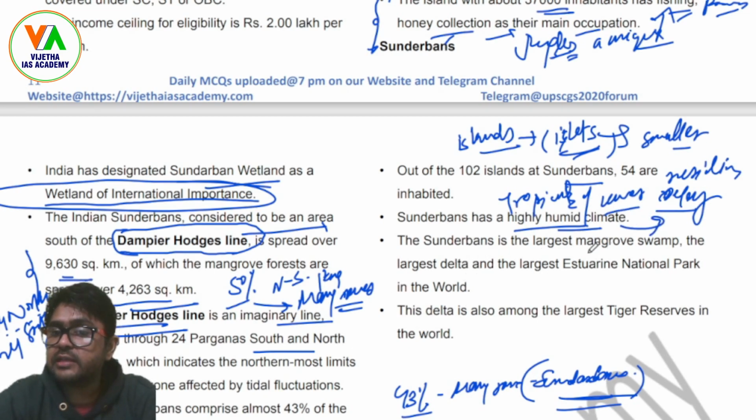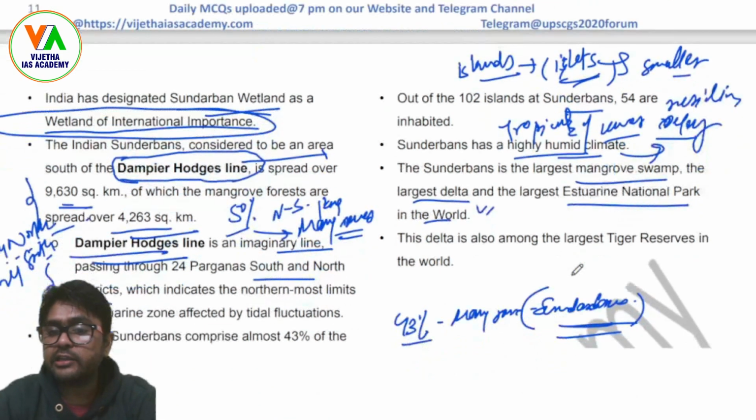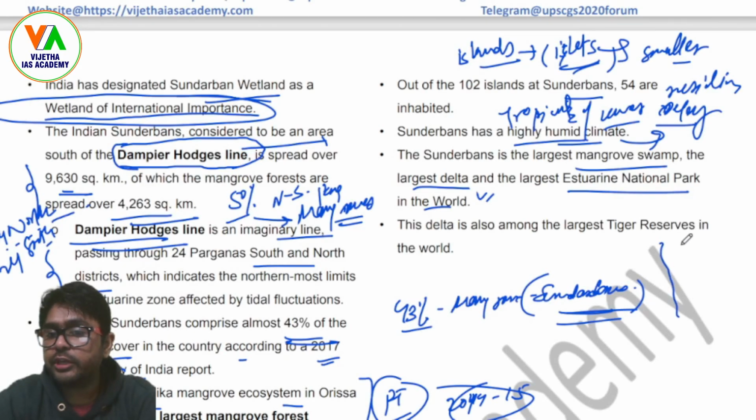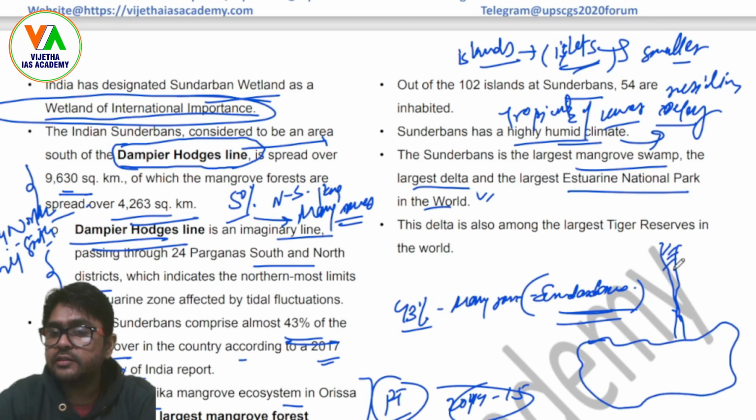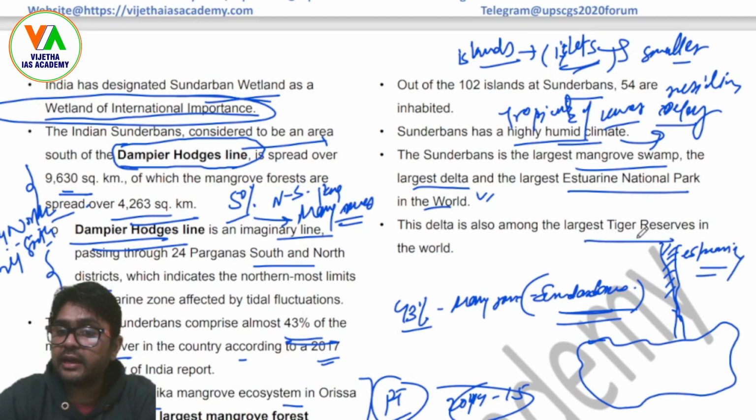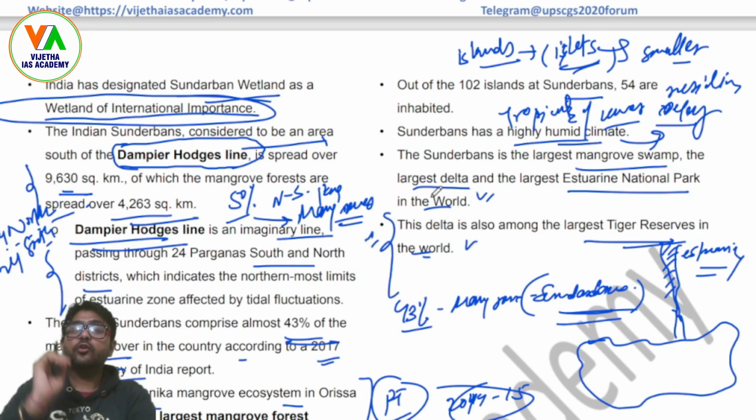The Sundarbans is the largest mangrove swamp, the largest delta, and the largest estuarine national park in the world, right? Estuarine means the river stream that is connecting to a larger water body, so hence it is known as an estuary. This delta is also among the largest tiger reserves in the world, in the mangrove regions.